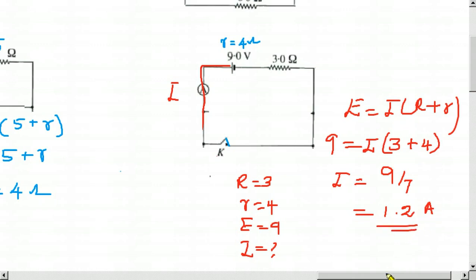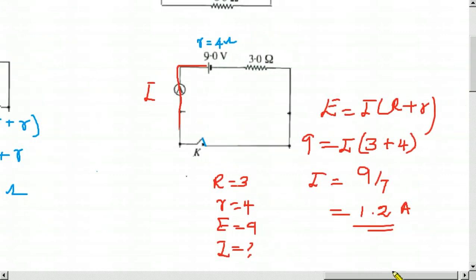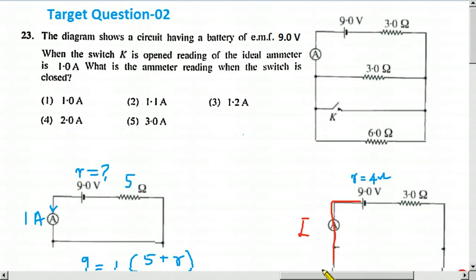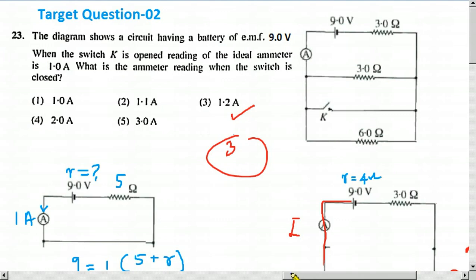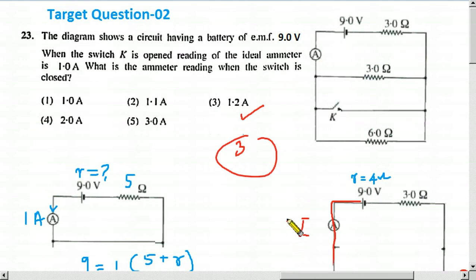So 1.2 is the answer. 1.2 ampere. This third one is the answer. Children, what happened to your answer? If you were successful, you are genius. Otherwise you have to do more exercises like this.